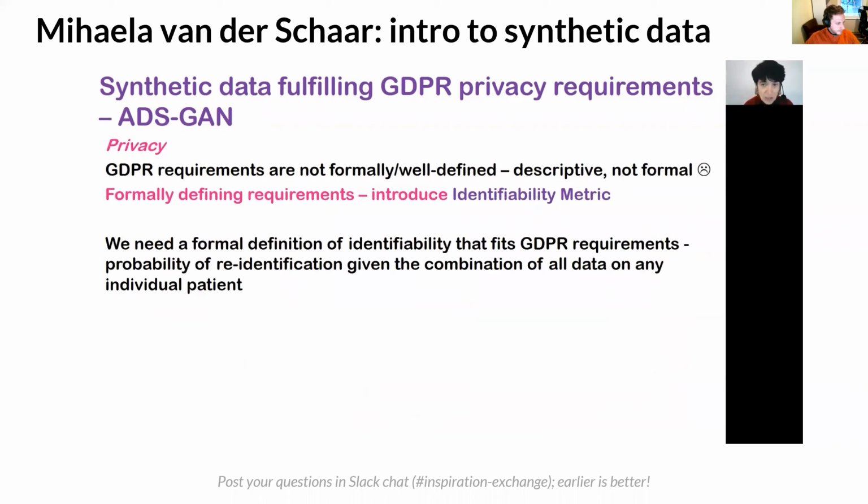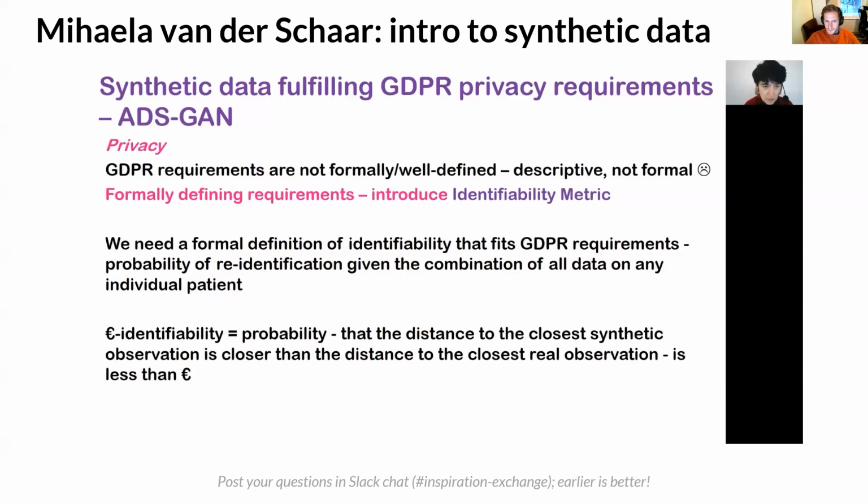Such a definition is built on the GDPR requirement based on the probability of re-identification given the combination of all the data on an individual patient. And for that, we have defined epsilon identifiability as the probability that the distance to the closest synthetic observation is closer than the distance to the closest real observation, real patient.